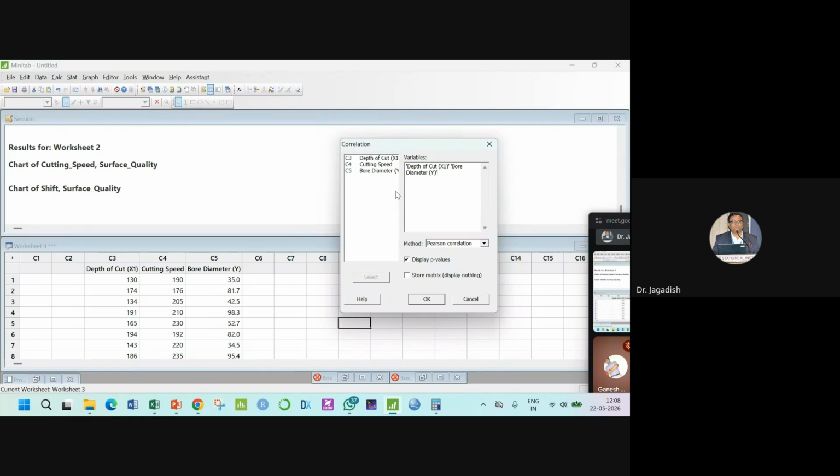I want to know what the correlation value is, and here I'll choose the Pearson correlation method only, not the Spearman rho method. In most research we use Pearson correlation only. Spearman rho is also used by some people for finding the relation, but in most of the research papers, we use Pearson correlation only, and display the p-value also, and okay.